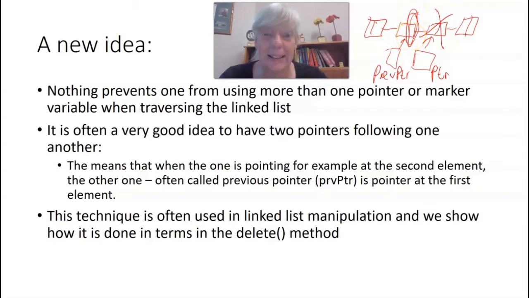And since it's a single linked list, we don't know where the previous one is. So it's a cool idea to solve the problem right from the beginning by using a previous pointer, so that we can change the next of the previous pointer to the next of the pointer.